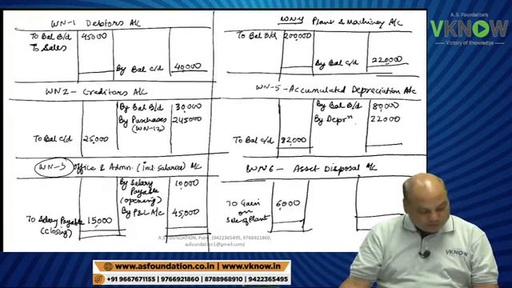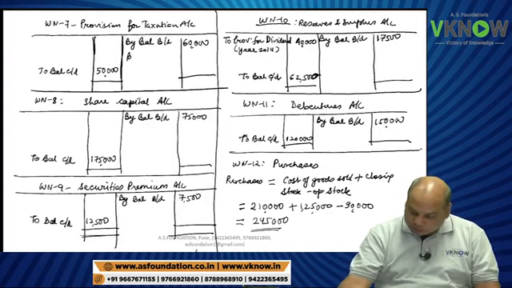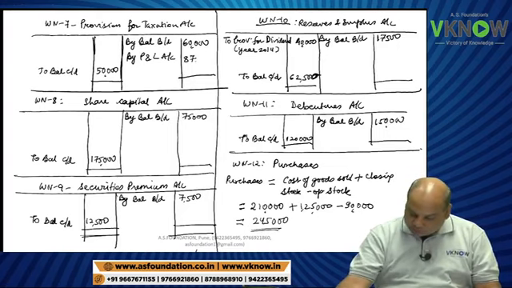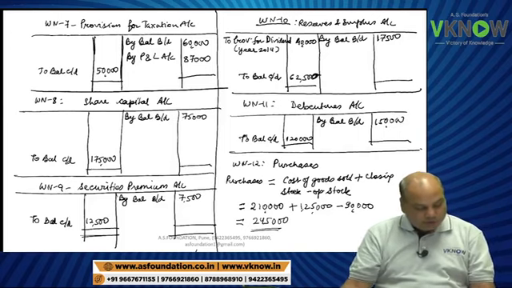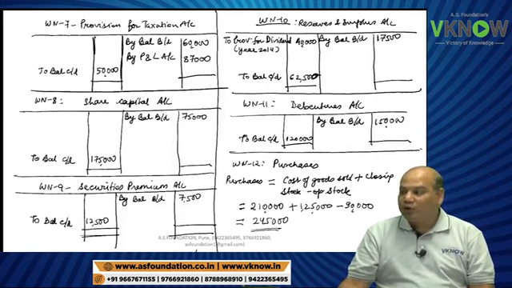Income tax. Income tax provision we have prepared. Income tax provision account credit side by P&L account. By P&L account 87,000. And the last item is net profit 1,05,000. Where will you transfer net profit 1,05,000?